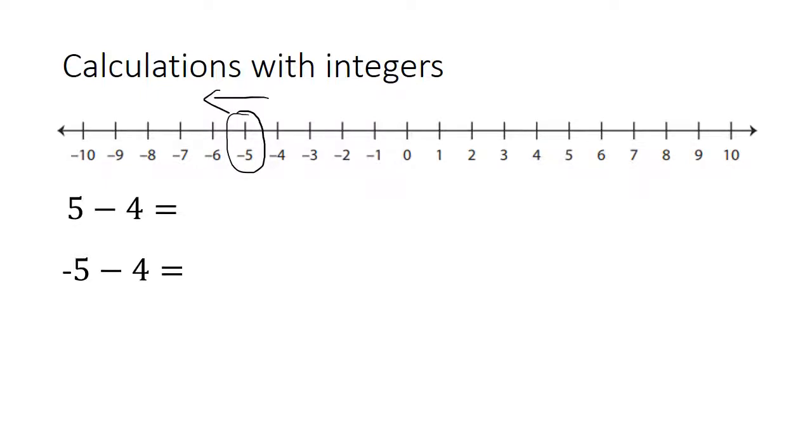Again, we just go 4 digits, just like we did before. So we go 1, 2, 3, 4 digits, and this time we end up at minus 9. Please remember that even though the 9 seems to be a bigger number, it's a negative 9. So that means that it's actually smaller than 0. It's smaller than a negative 5.